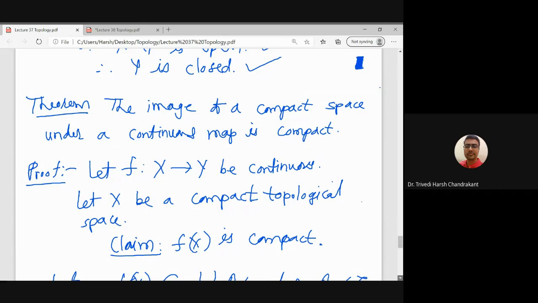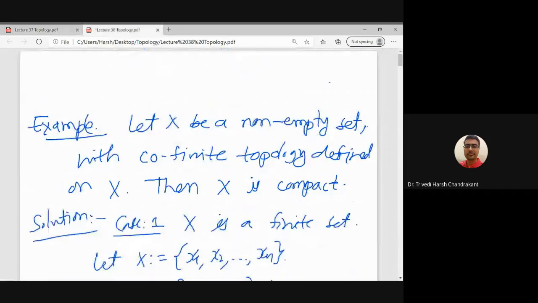Using this theorem we can prove that easily, because a homeomorphism means f and f inverse are both continuous, which is a stronger condition. So compactness is preserved under continuous functions. It is a topological property. This is what we discussed in the last lecture.